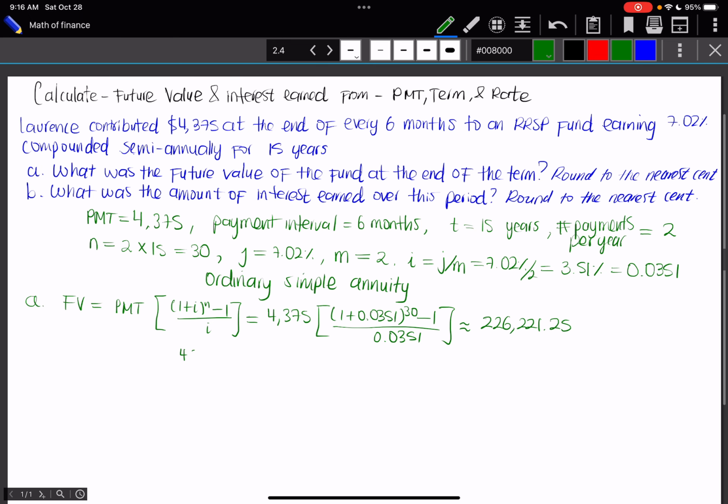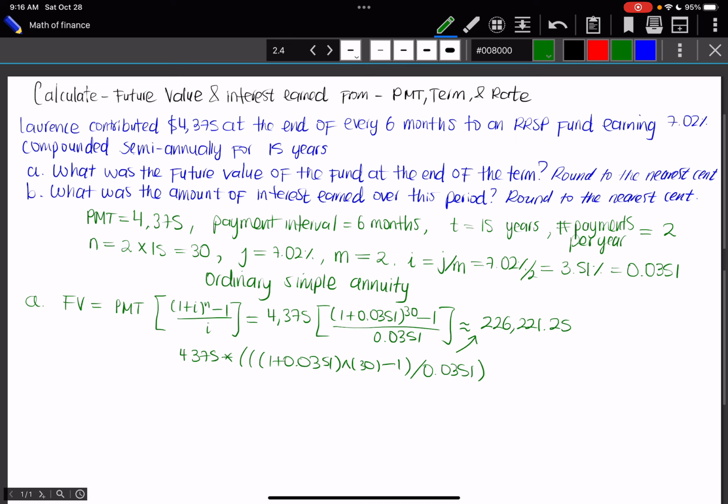You have 4,375 multiplied by bracket, then another bracket, then another bracket, 1 plus 0.0351 to the, then bracket 30, take away 1, close bracket, divided by 0.0351, close bracket. So there we have this.